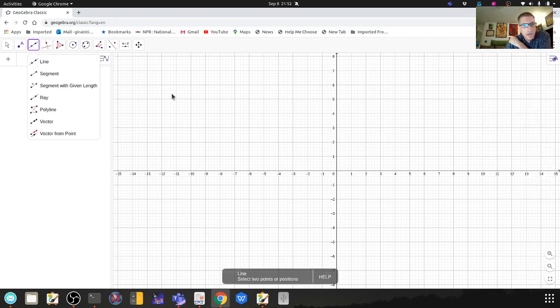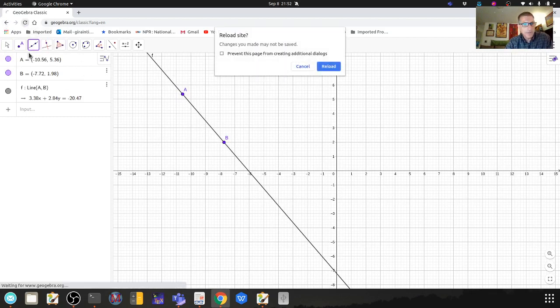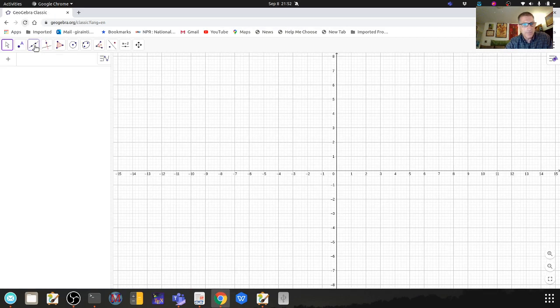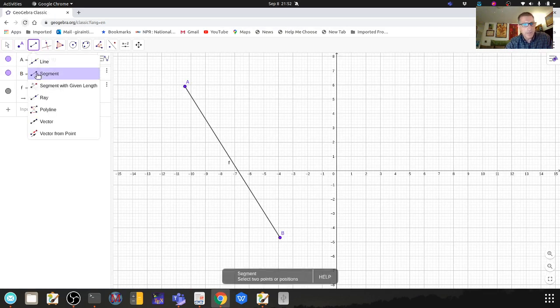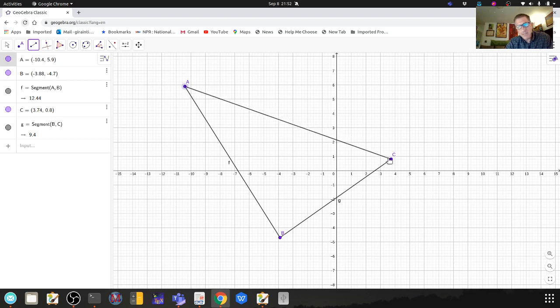So I'm going to draw a line segment. There we go. I'm going to draw another line segment. And then my final line segment is there.